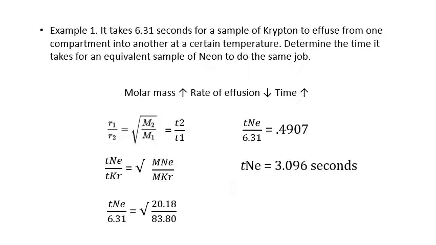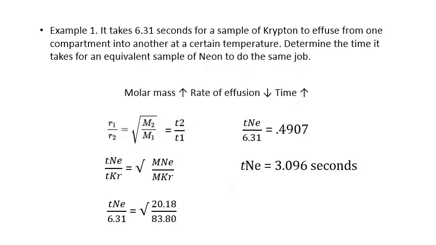Then we'll fill in the molar masses for neon and krypton using the periodic table, and we get a molar mass of 20.18 for neon and a molar mass of 83.8 for krypton. If you divide 20.18 by 83.8, you should get 0.2408. And now let's take the square root of that.